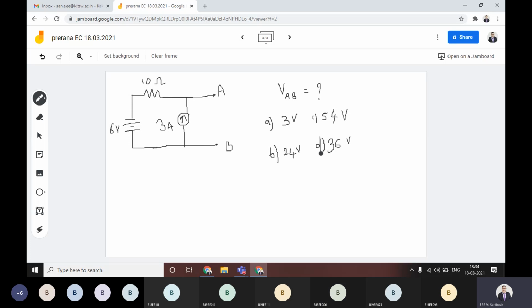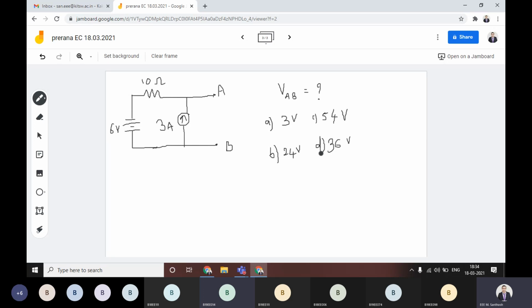24 volts, someone is getting. How did you get 24? And 6 volts and 10 ohms, you can apply source transformation.